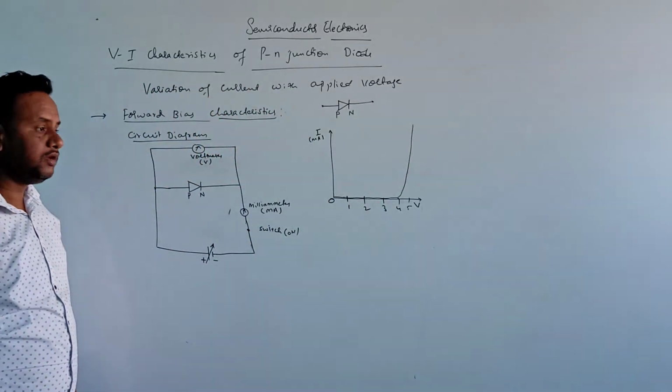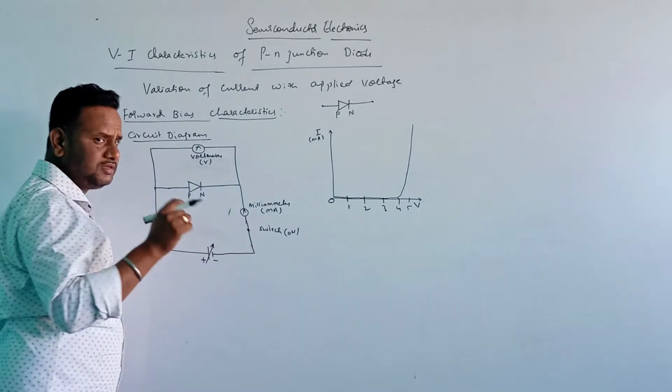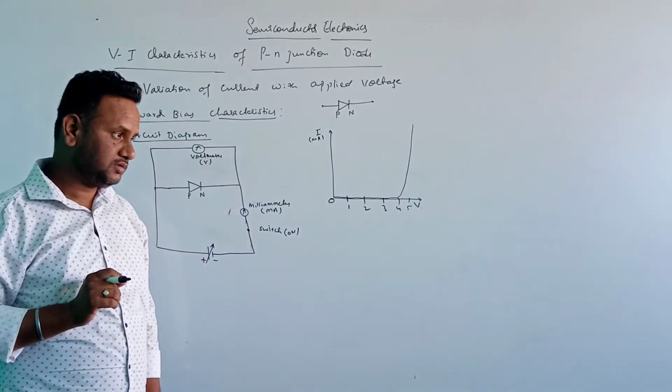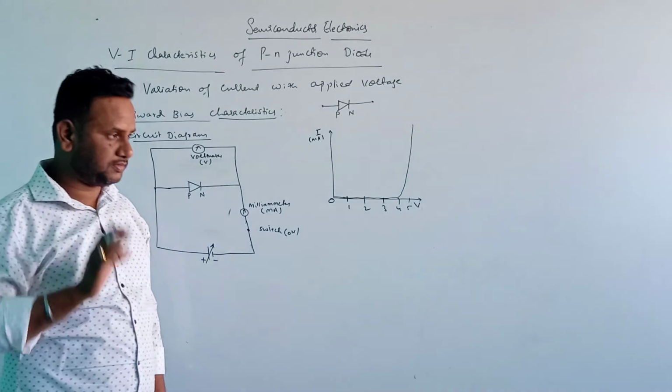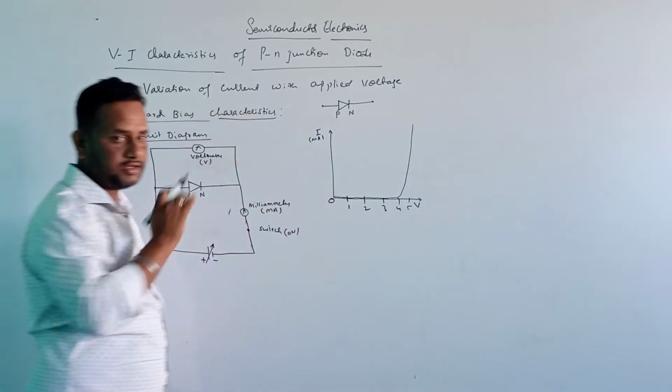When I change the voltage from 1 volt, 2 volt, 3 volt, there is some small current, but it is almost negligible. That means it is almost constant, zero.